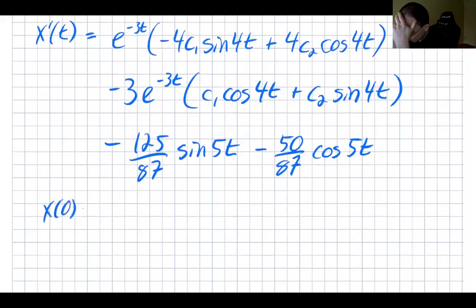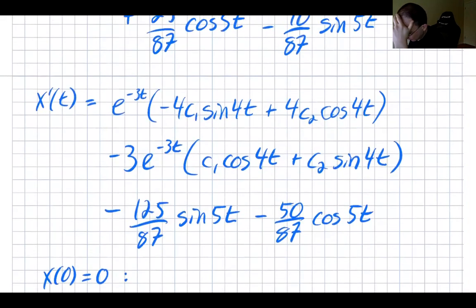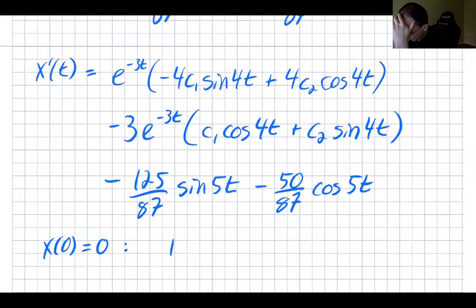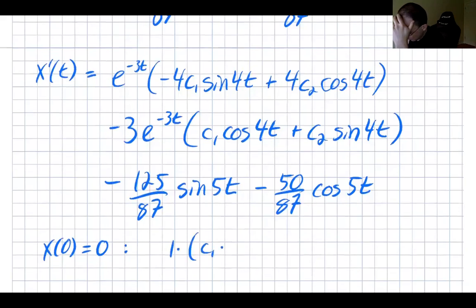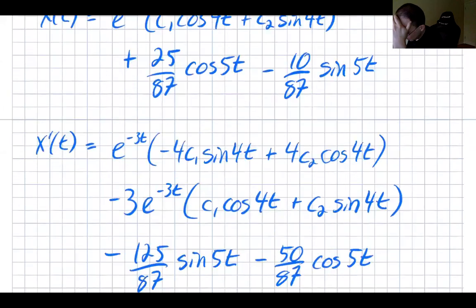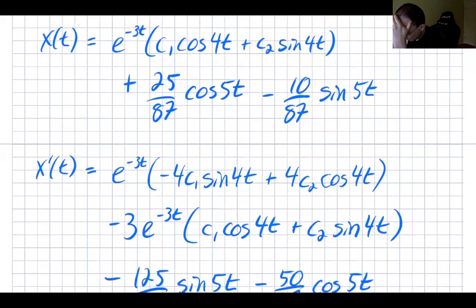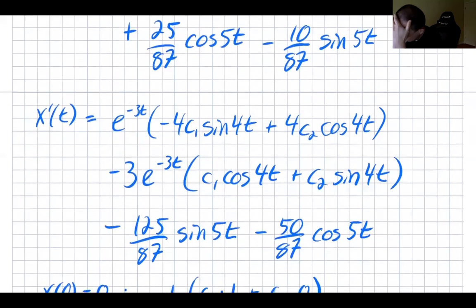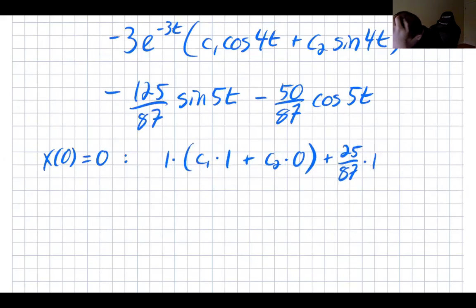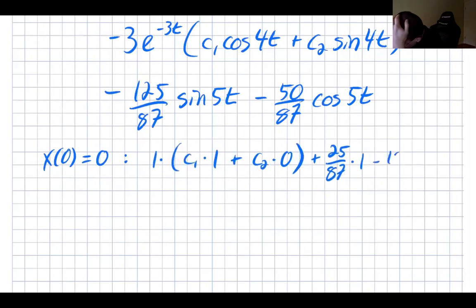So x of 0 is 0. So what does that tell us? We have e to the negative 3t, which is 1, and then we have c1 times cosine of 0, which is 1, plus c2 times sine of 0, which is 0. And then we have those other terms, plus 25 over 87 times 1, and minus 10 over 87 times 0, and that's equal to 0.